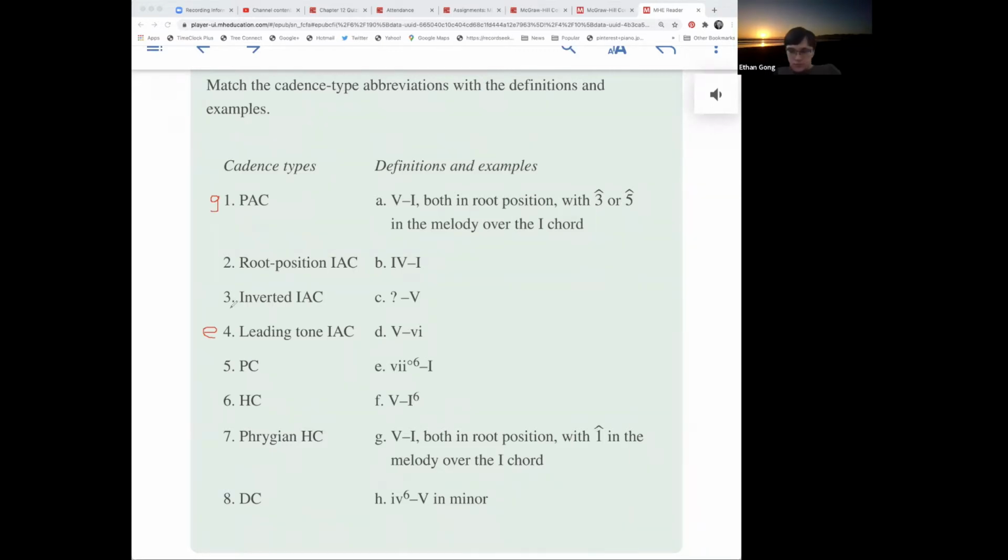A. 5 and 1, both in root position. 3. F. I like F.